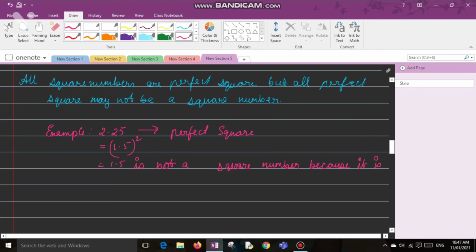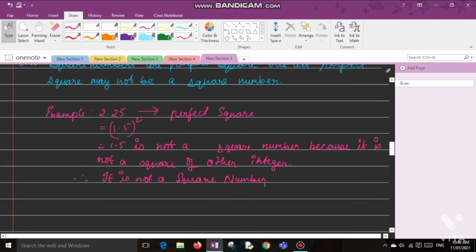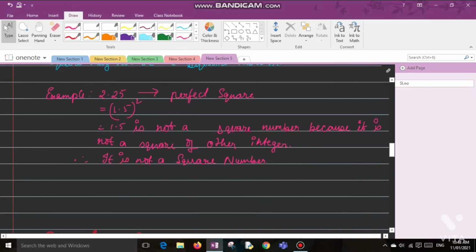It is not a square of another integer. So therefore it is not a square number. Now let's take some other example.